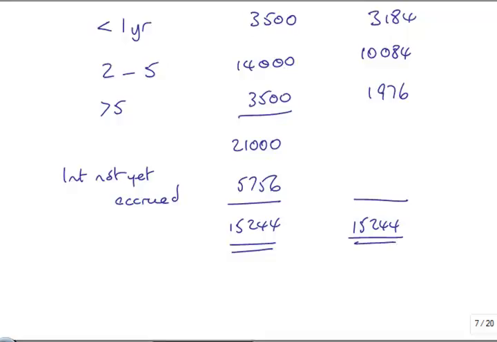Is it right? Is it 1,976? Did you check it? Yeah? Good. And therefore, by default, the missing figure, the middle figure, must be 10,084. But you're not going to get that, maybe.